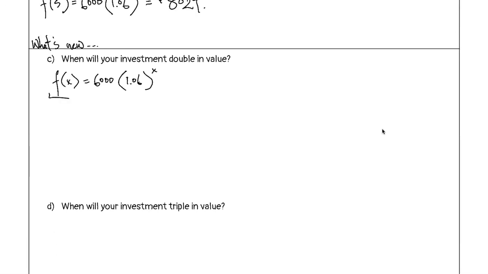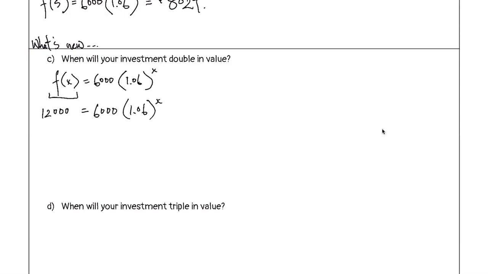So instead of f of x, we can replace that with 12,000. And we know that that's going to equal our function that tells us how much we're going to have, right? So the question here now is, how do we get the x out of the exponent?